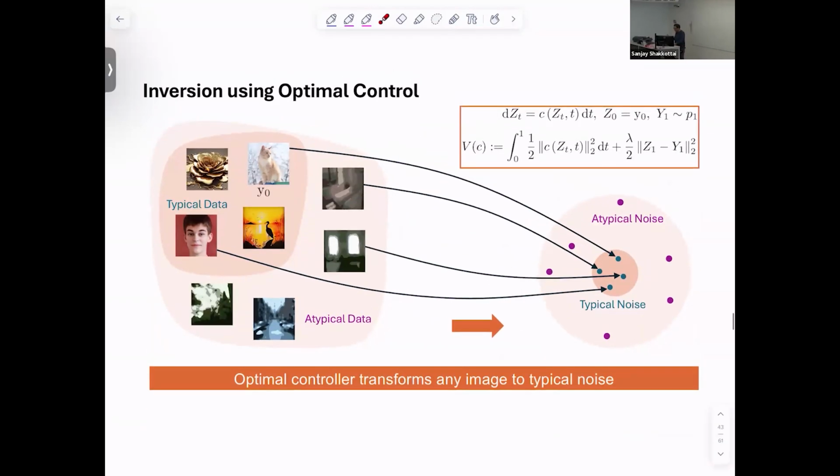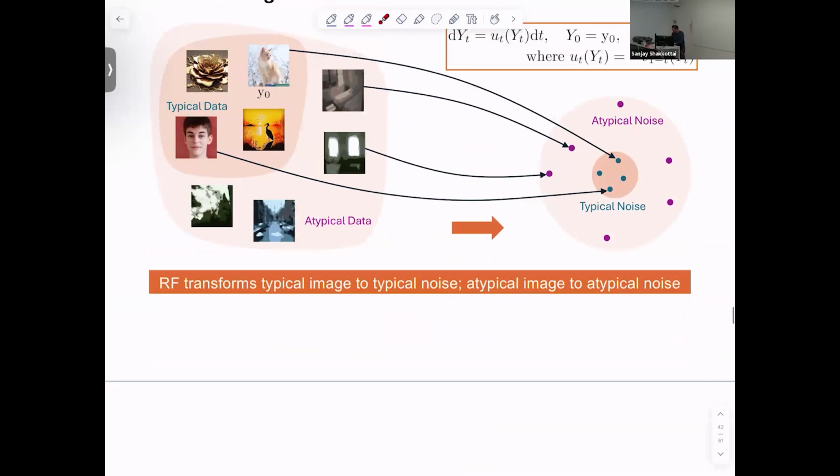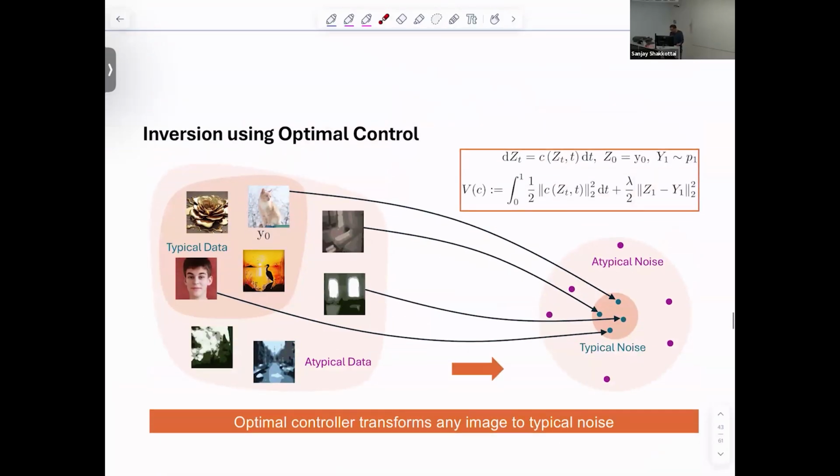And so what we'll do is the following. We'll add a second coupling. For every image, whether it's typical or atypical, during test time, so the earlier stuff is training time. You have learned all this during training time. This is your foundation model. During test time, suppose somebody gives you this image and wants to edit it.